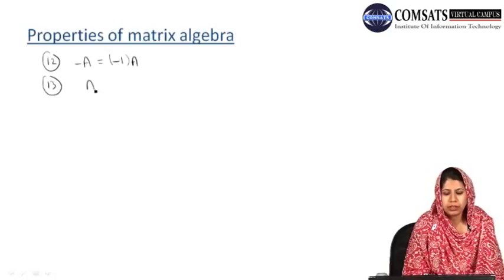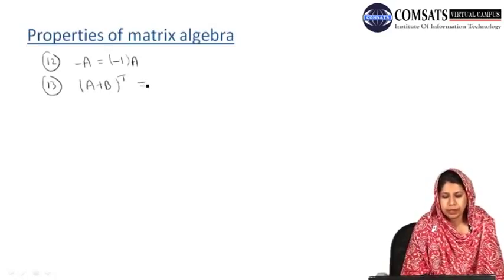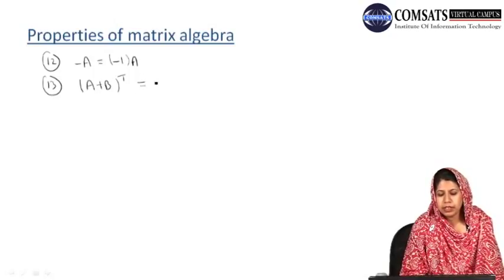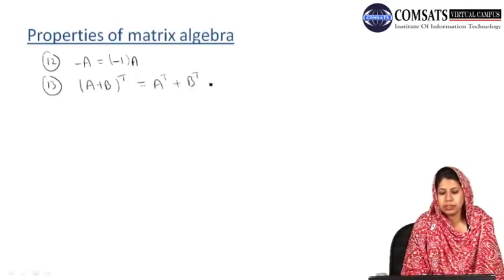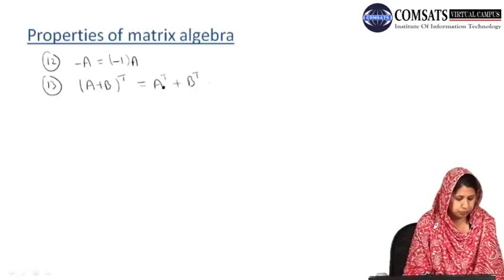If we have our two matrices A and B and we want to take the transpose of their sum, then this is nothing but the sum of the respective transposes. That is, the transpose of the sum is the same as the sum of the transposes.